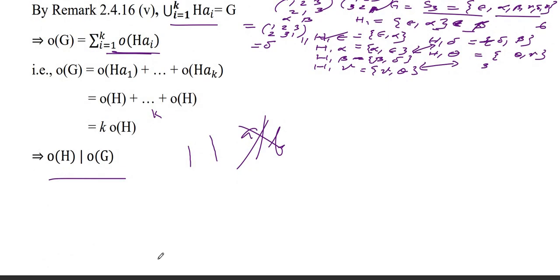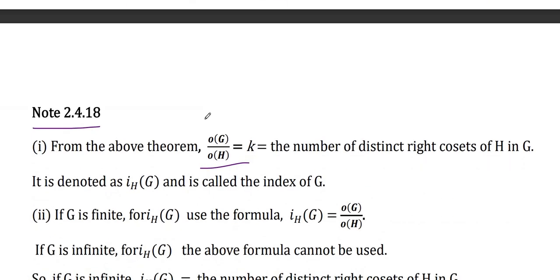So from here we get as a formula, when G is finite, order of G by order of H is K. What is K? The number of distinct right cosets of H in G. It is denoted as the index of H in G.